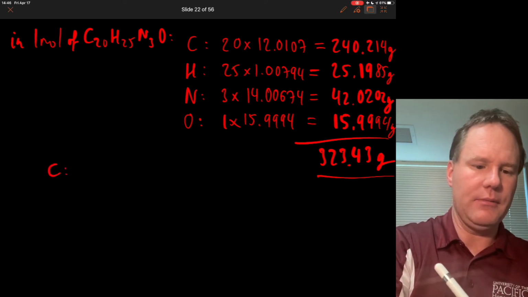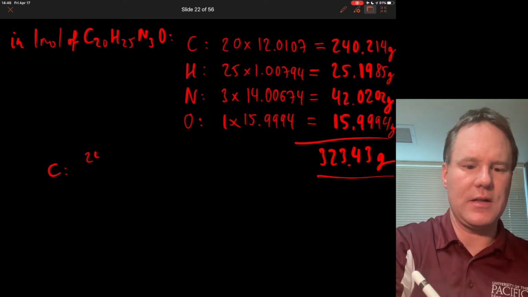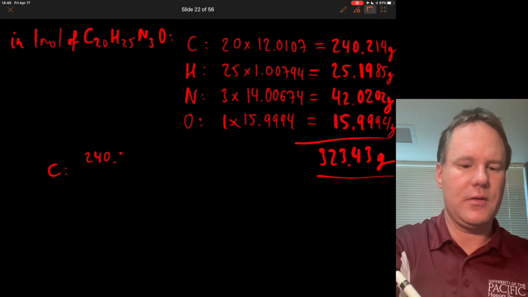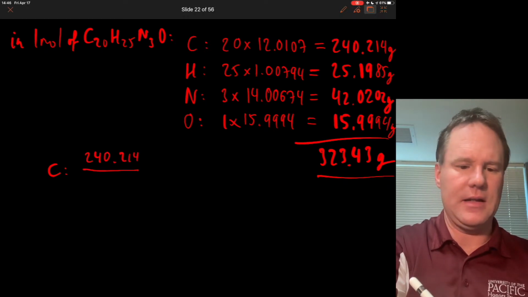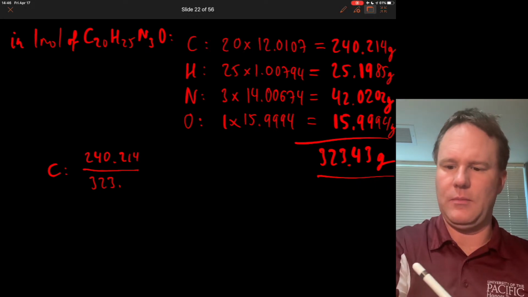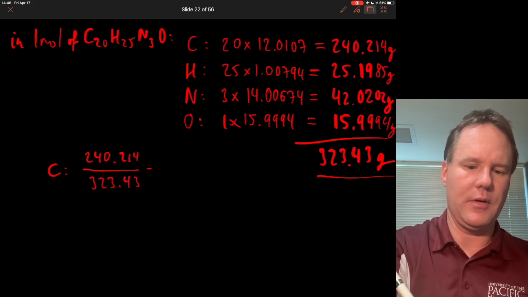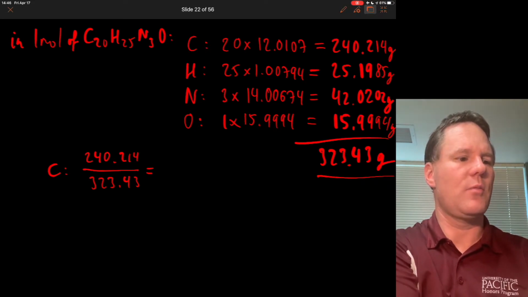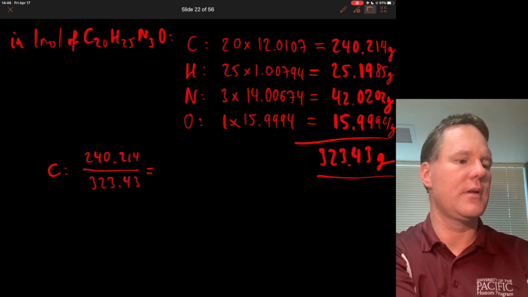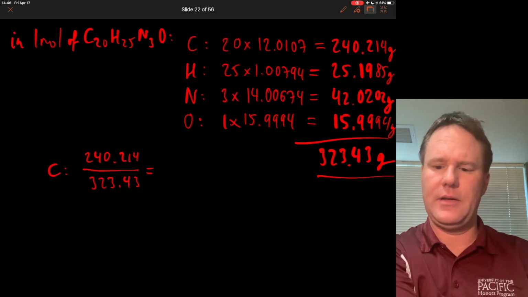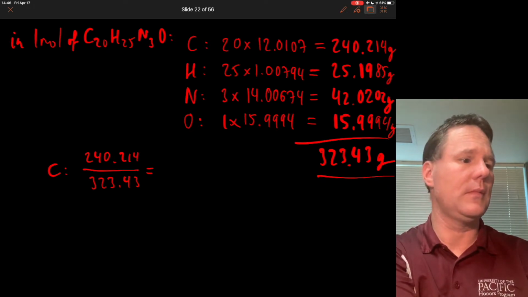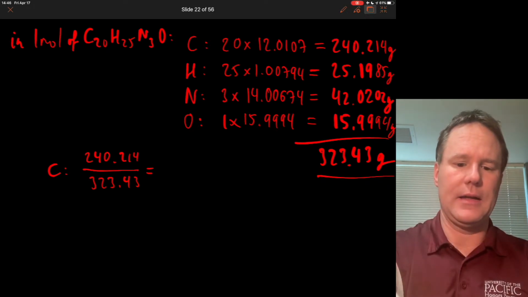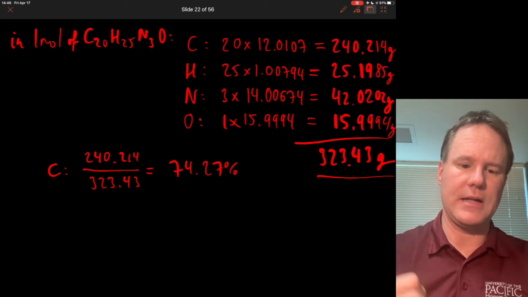For carbon, the mass percentage is going to be 240.214 divided by the total molecular mass, 323.43. And I can just walk back to the numbers, divided by this, and I get 74.27%.